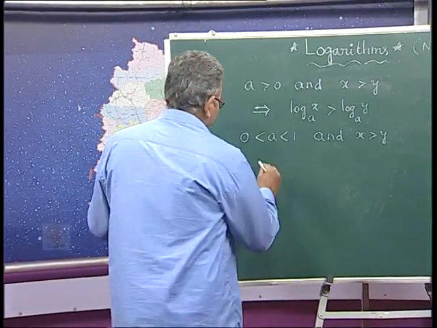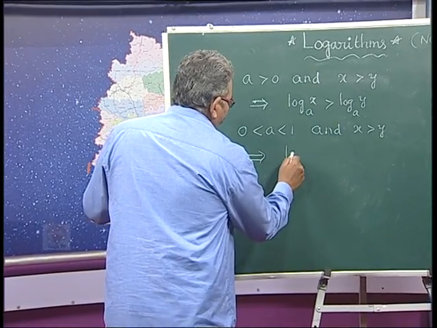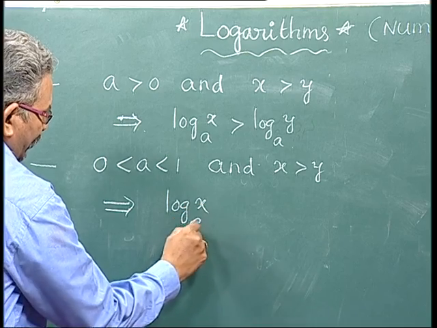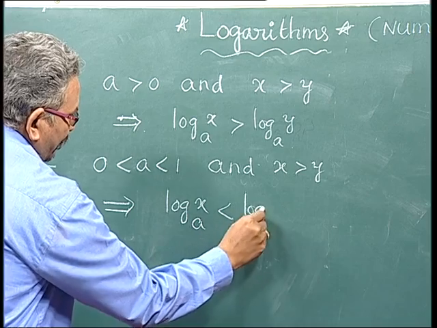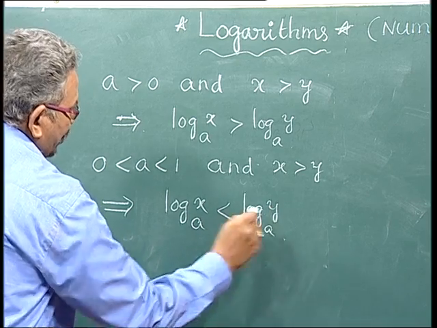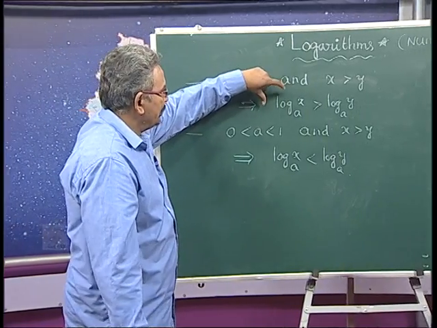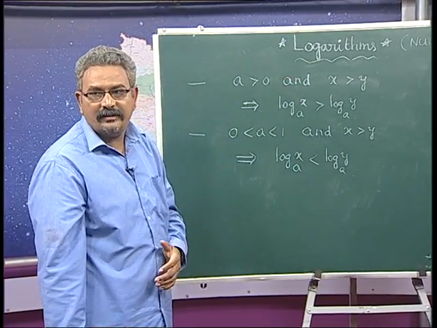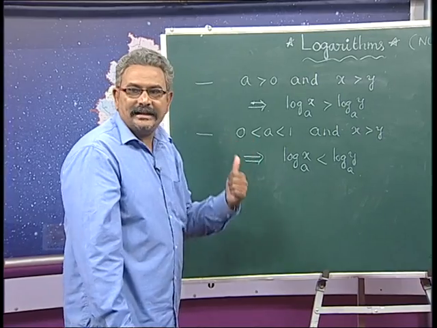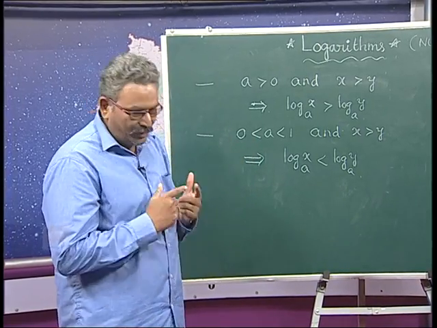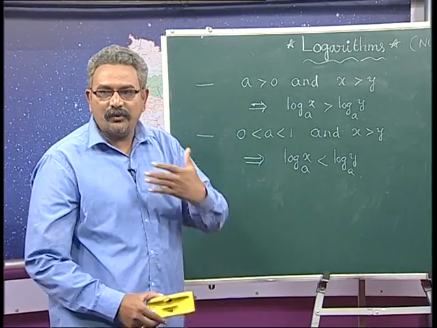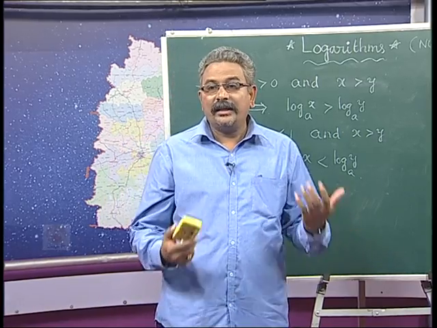Here log x to the base a is less than log y to the base a. This is very, very important. In the first case it is an increasing function, whereas in this case it is a decreasing function. Okay. Now, we shall do some problems on the logarithms.